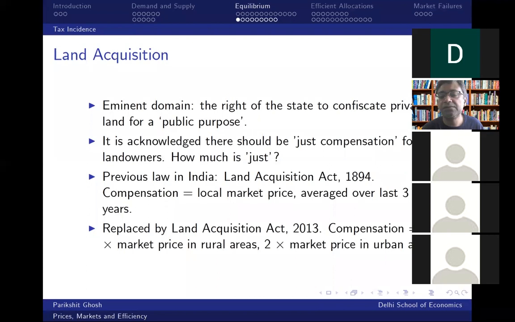Sir, I have a question. So, sir, when we say that the government has the right, or as you said, eminent domain, the right of the state to confiscate private land for a public purpose, what gave the West Bengal government, why did they decide to acquire this land and give it to Tata in particular?